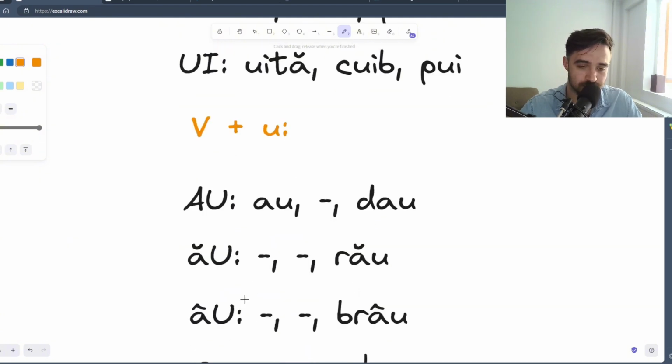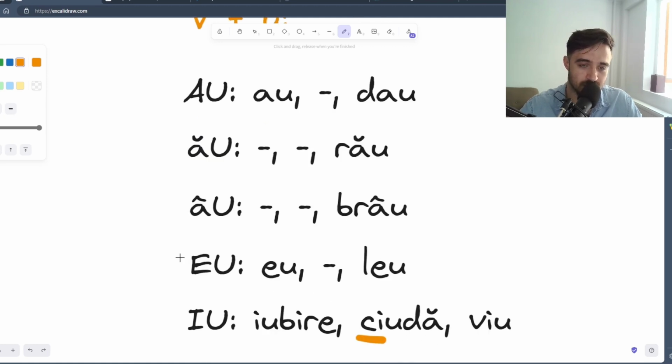With u, there is actually an interjection, I think, which is u, but we're talking about proper words here. And then you get one that ends with bru. Eu, again, ye, eu. So we can consider this a triphthong in phonetics. Eu, nothing, and leu.